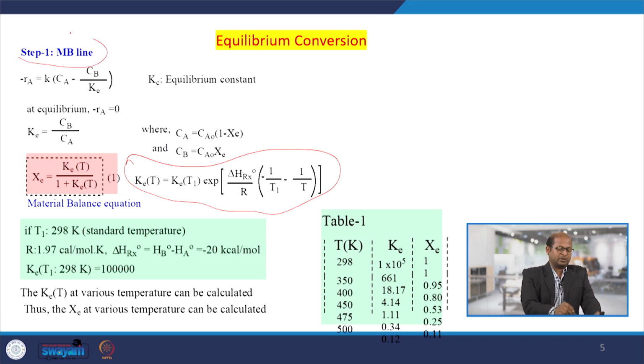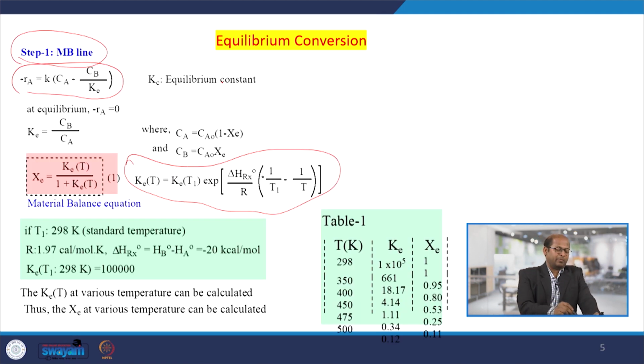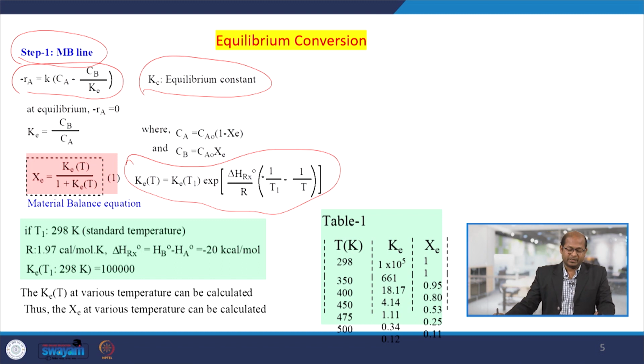So, first, in step 1, we do the material balance. This is the rate equation for the reversible reaction: since the reaction is reversible, we can write minus Ra equals k into Ca minus Cb by Kc. Kc is the equilibrium constant for this particular reaction, and k is the forward reaction rate constant.